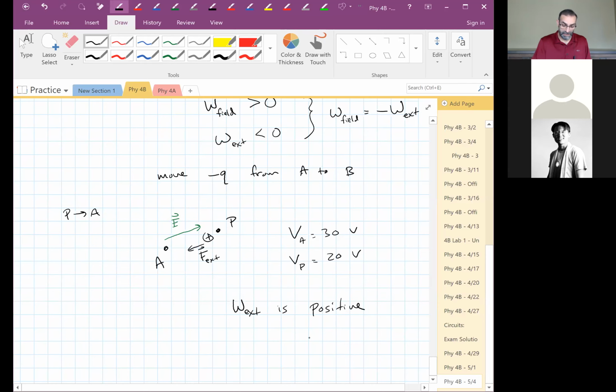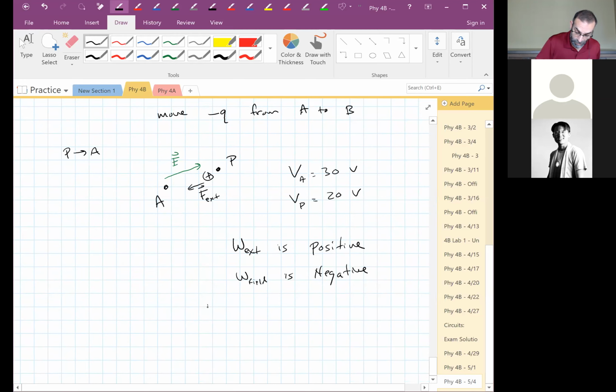Positive, right? We have to push it in the same direction it's moving. The work done by the field then is negative.